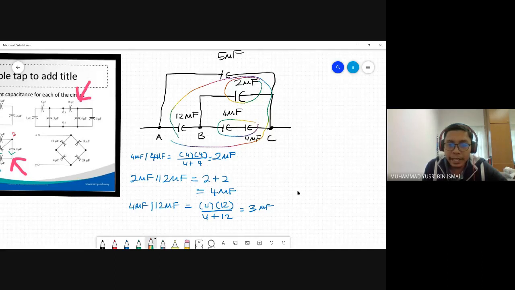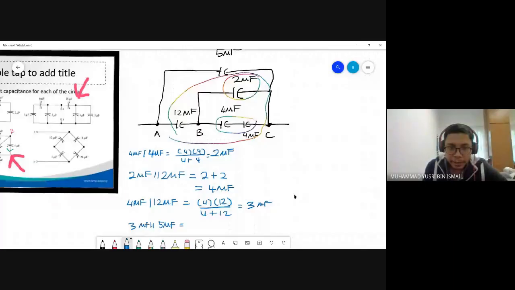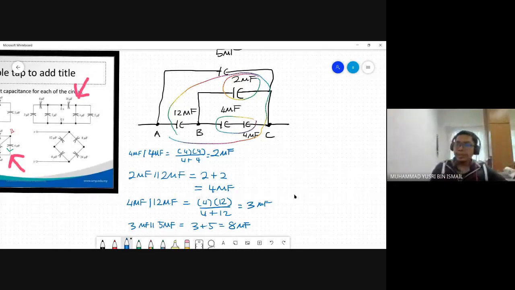Sekarang tinggal bila dia parallel, kita just directly tambah 3 tambah 5 equal to 8 microfarad. So, dapat ke 8 microfarad?